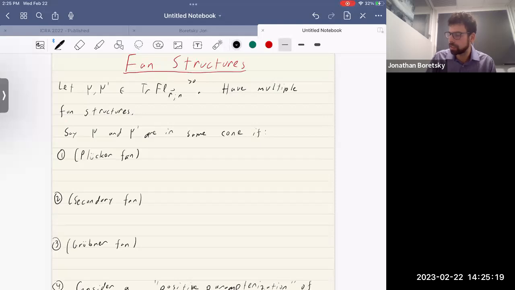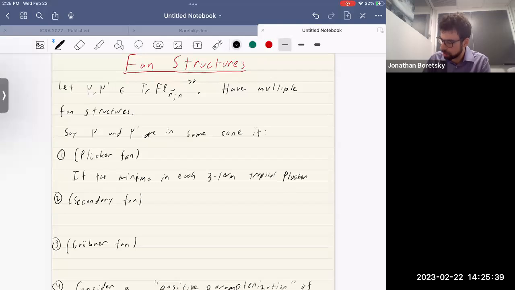The Plücker fan is going to be a fan which puts 2 points of the tropical flag variety in the same cone if the minima in each 3-term tropical Plücker relation occur in the same places. So you've got all these 3-term relations, and if they're minima over these 3 terms, and if the things that actually give you the minima are the same for mu and for mu prime, then we'll say they're in the same cone of the Plücker fan.